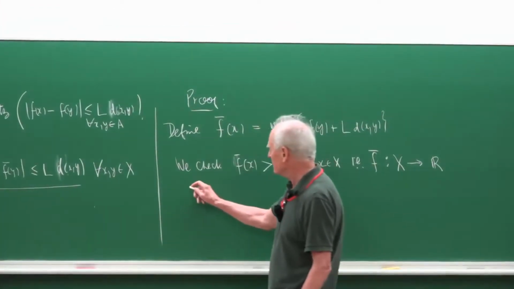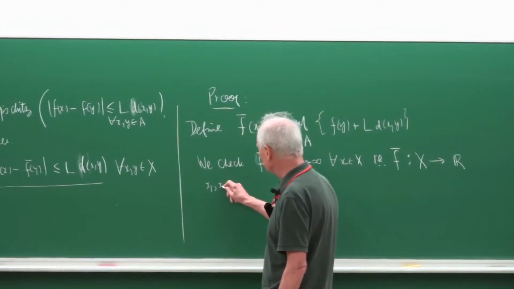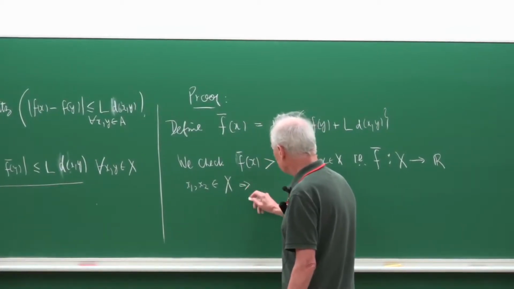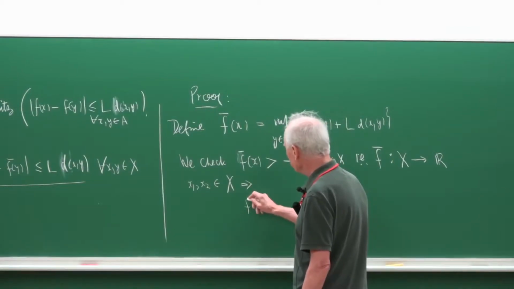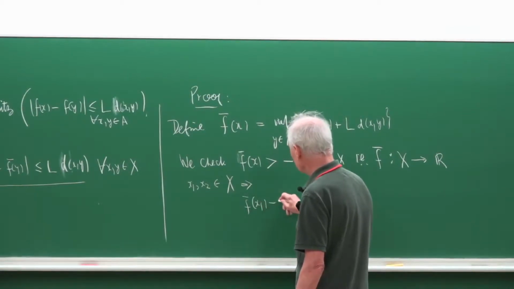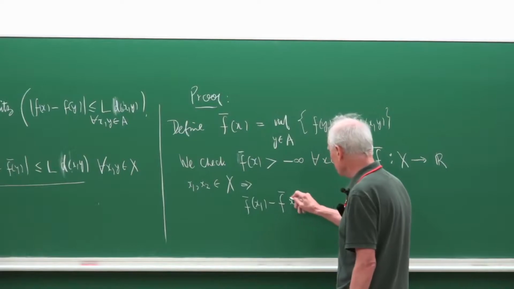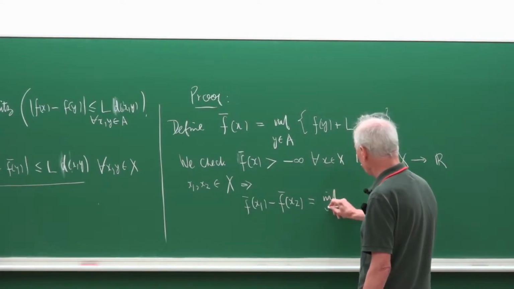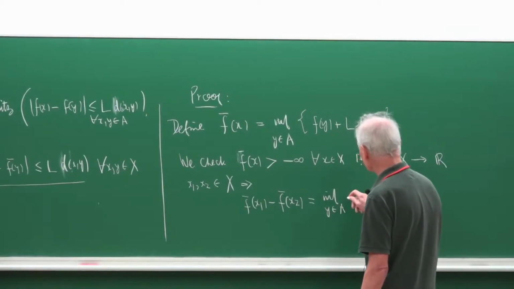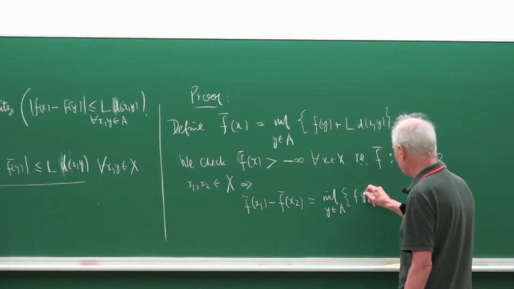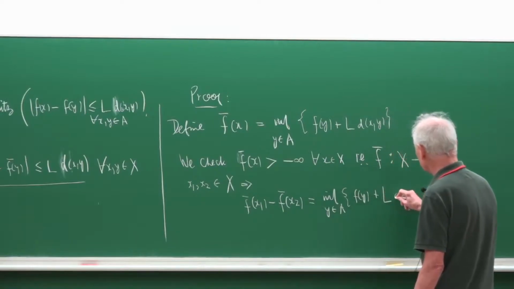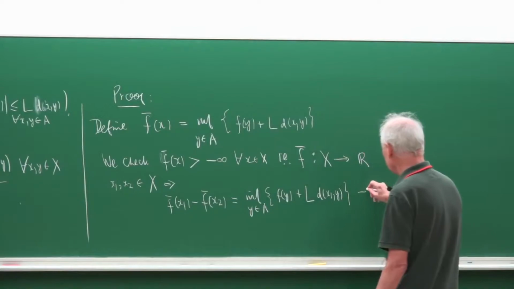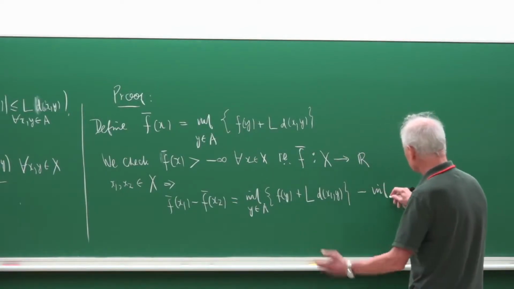Okay, so let's take two points, x1, x2, in the space. And let's check. f bar x1 minus f bar x2 is equal to the infimum over y in A of fy plus L times d(x1, y), and then minus the inf over, say, z.